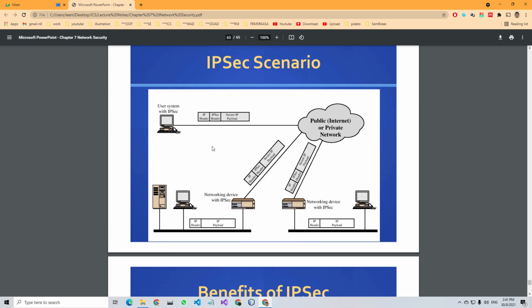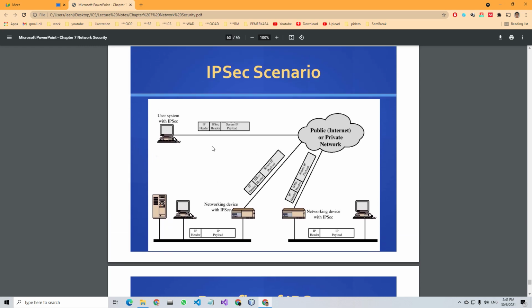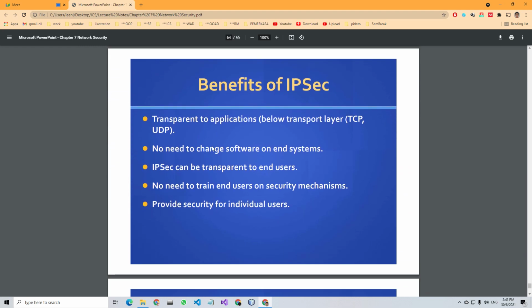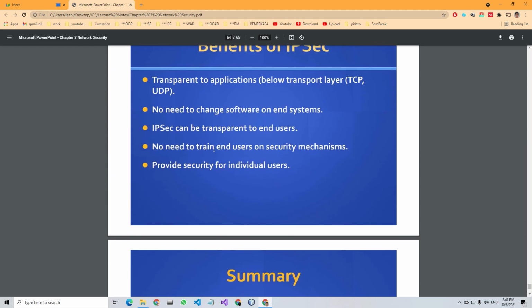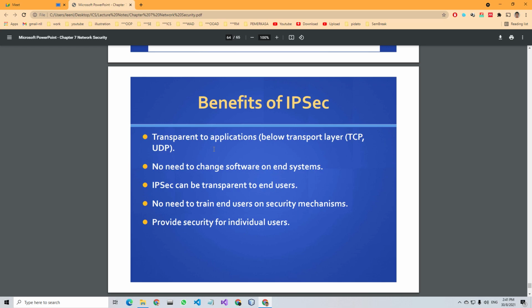So the nature of a security threat which IPsec prevents could be constantly changing, let's say a replay attack, or a man in the middle attack.